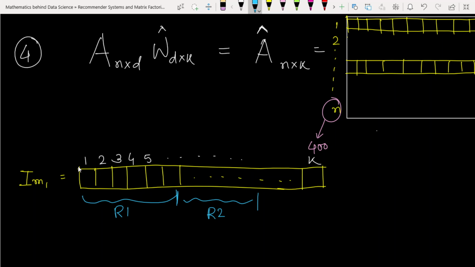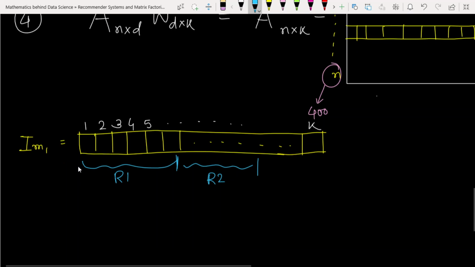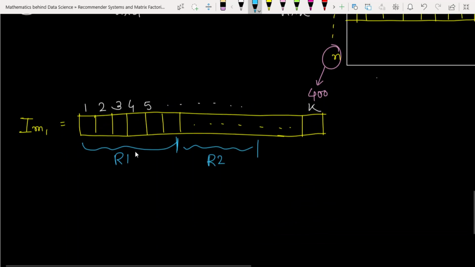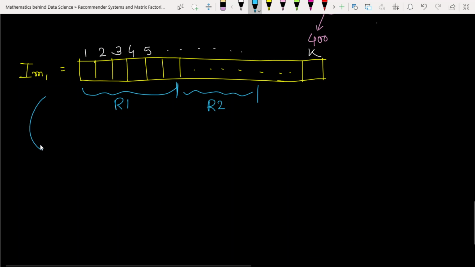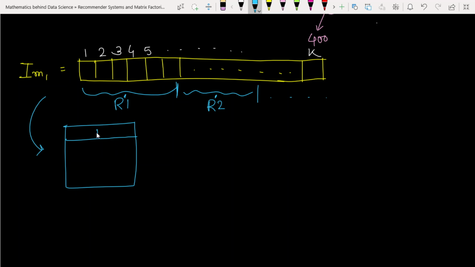I think you got the idea of how to convert this image to some values, and the image that we got from here to here. Now the image we got, let's take it as r test 1, r test 2, somehow like this.